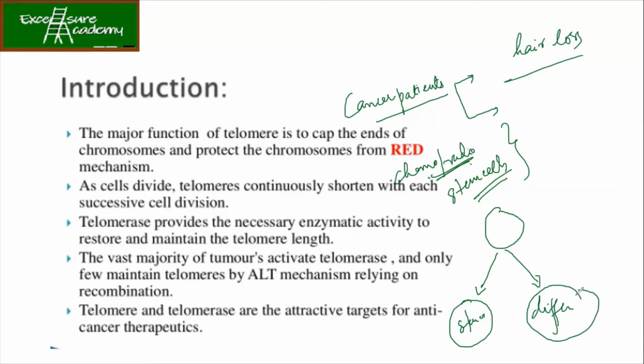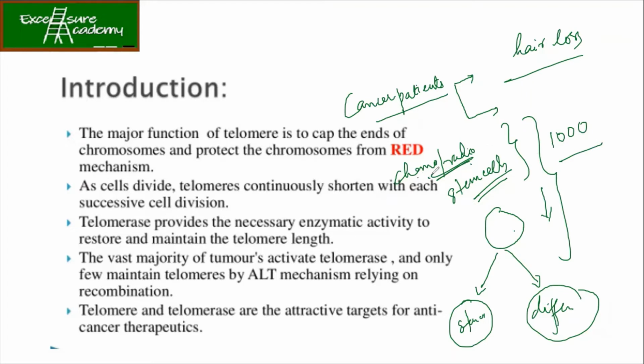So the population of stem cells is not going to decrease. It is always maintained. Suppose in your body, let us say the bone marrow, thousands of stem cells are there. This will always be retained. After 30-35 years of age, you will start losing them.